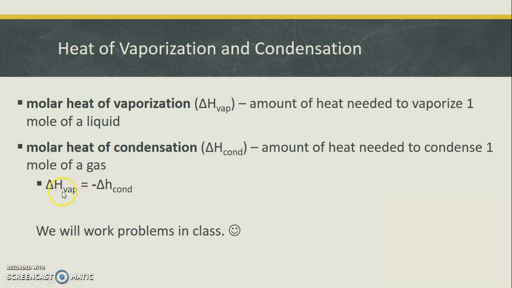The assumption is that you know that if you put a negative in front of the same value, it would be how much heat is needed to condense it, and that should be a capital H. It's my bad. I'm just now catching that. So if it took 20 joules of heat to vaporize it, then 20 joules would need to come out to condense it back. That makes pretty good sense that it's the same amount either way.